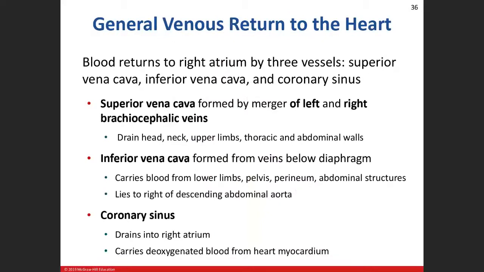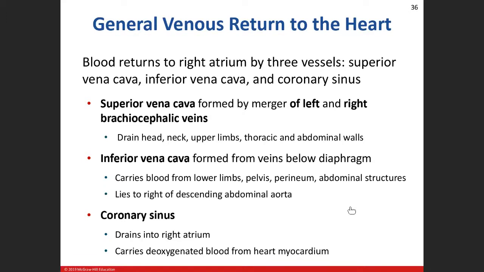So that's the arterial blood flow. Now, let's talk about the venous blood flow coming into the heart. Venous return for the heart, we're talking about the right atrium, includes three structures: the superior vena cava, the inferior vena cava, and then the coronary circulation.